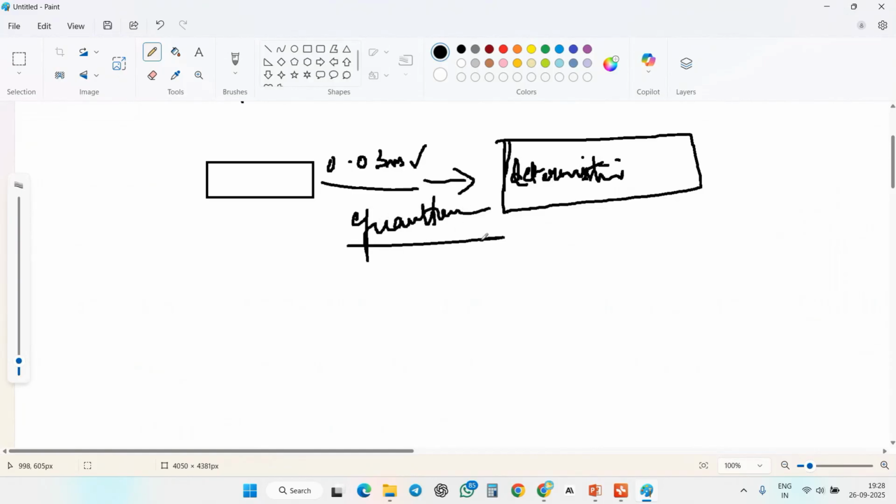That is called determinism, because in a normal operating system we can't predict the exact timing. It does the task whenever the user uploads it, with no specific time to complete. But in an RTOS, it is called determinism because we know it completes the task within this deadline time.